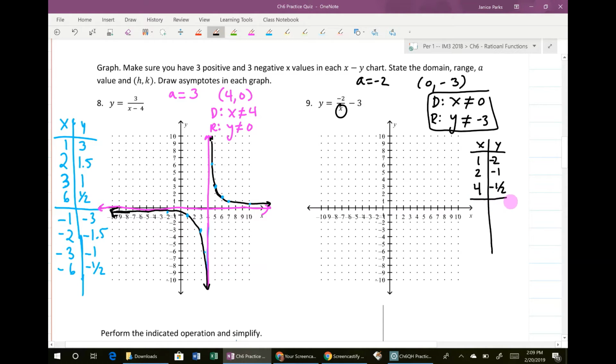And that's good enough. And then I'm going to do -1, -2, -4, and +2, +1, +1/2, and maybe even flip the 1/2 and the 4 around. So 0, -3 for the HK is going to be down here.